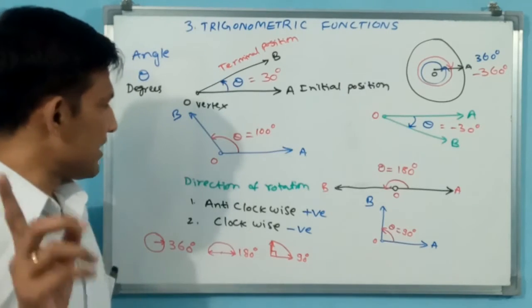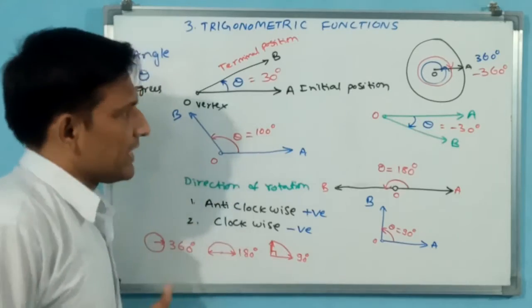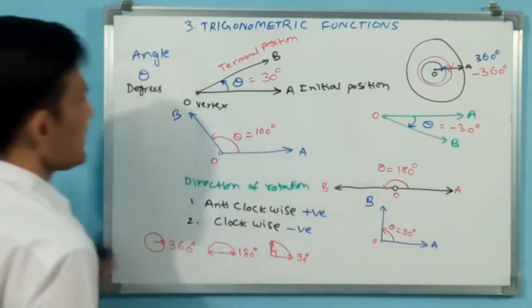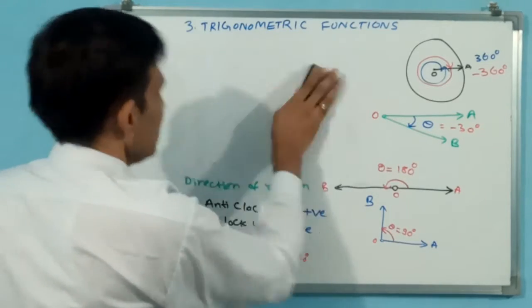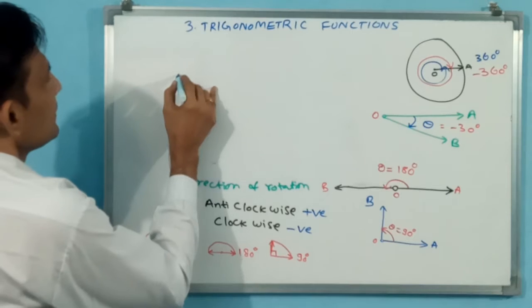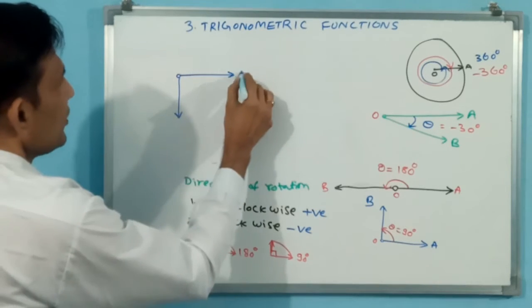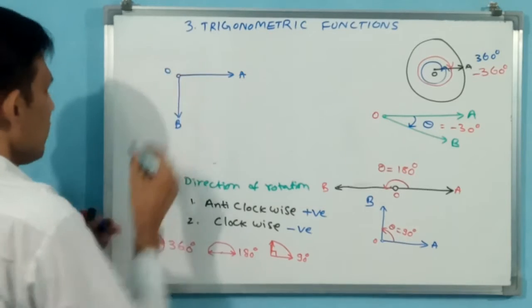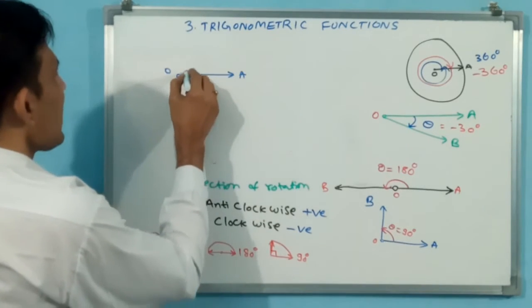Now I will draw one figure. Then we can say in both directions. Each direction, let us see. Now I am going to rub here. See here. A, B, O. See, one color I am drawing like this.